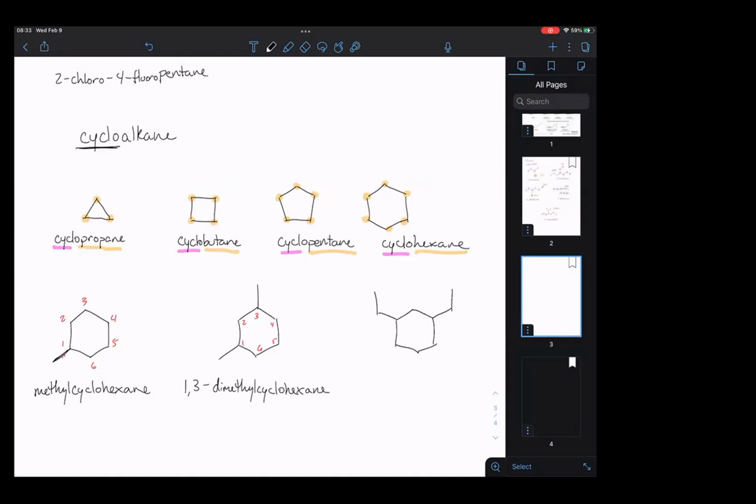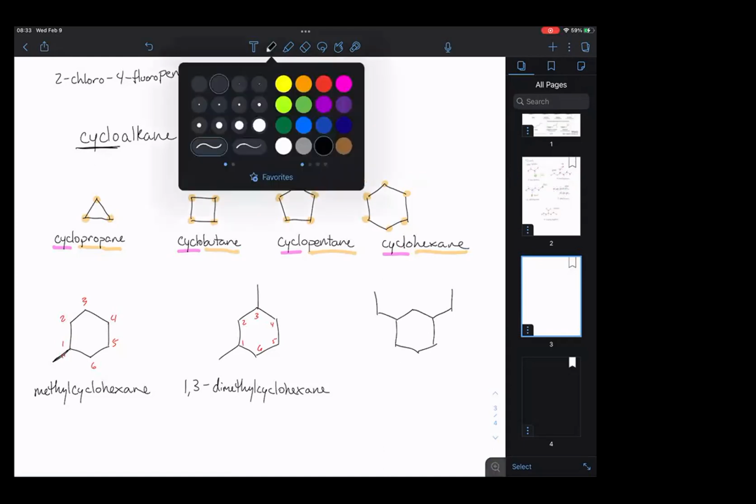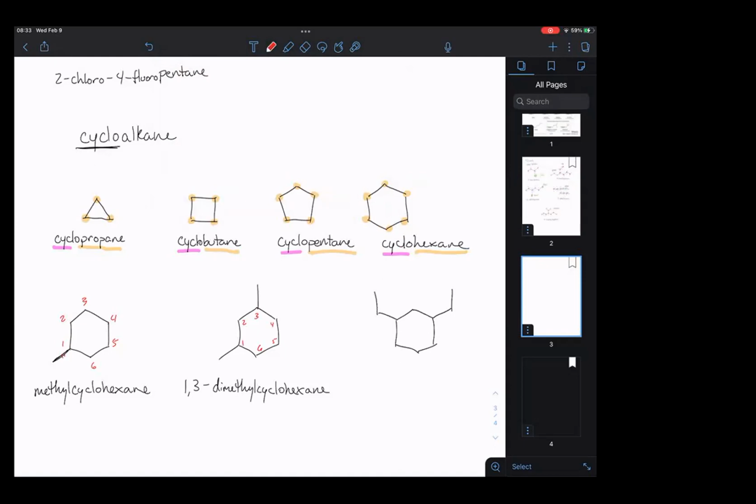All right, this one, everybody take a second and convince yourself that this would be 1,3-diethyl cyclohexane. Whether you number clockwise or counterclockwise is just to make sure that you have the lowest possible numbering scheme. So I could, for example, go 1, 2, 3 in order to number this one. It actually would be the same the other way, but make sure that you're putting those lowest possible numbers.